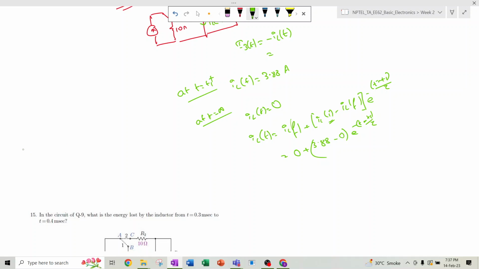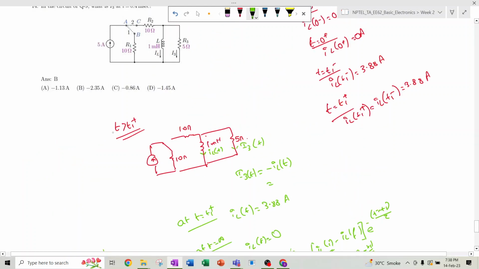Okay, so this is the IL(t). So I3(t), after t1 plus, at any point of time, is nothing but the negative value of IL(t). IL(t) is 3.88 e to the power minus (t minus t1) by tau, so I3(t) is minus 3.88 e to the power minus (t minus t1) by tau.